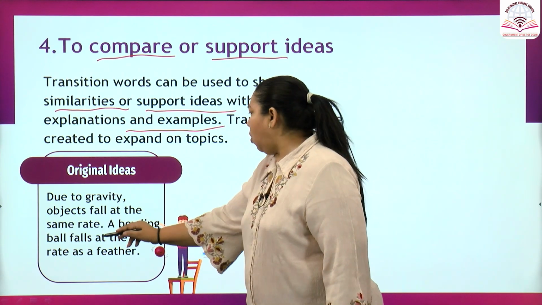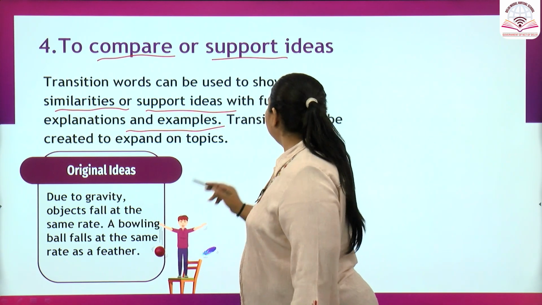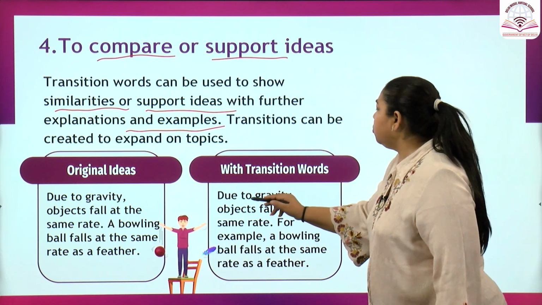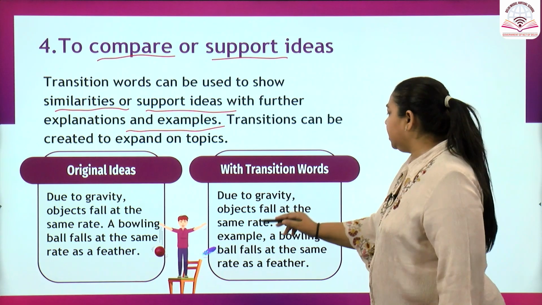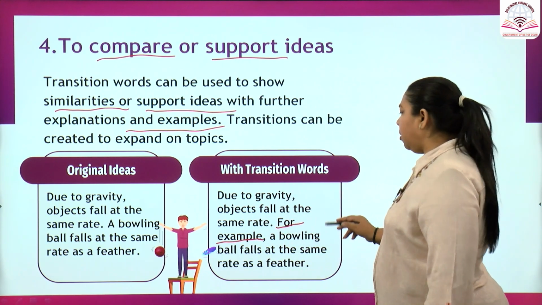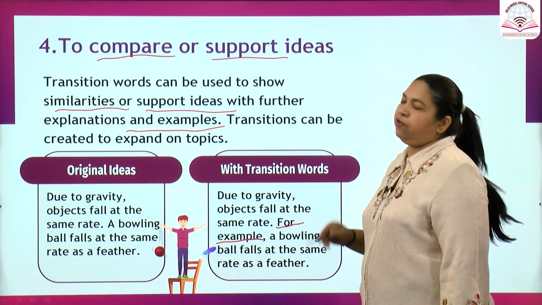A bowling ball falls at the same rate as a feather. Now it will be, due to gravity, objects fall at the same rate. For example, a bowling ball falls at the same rate as a feather.